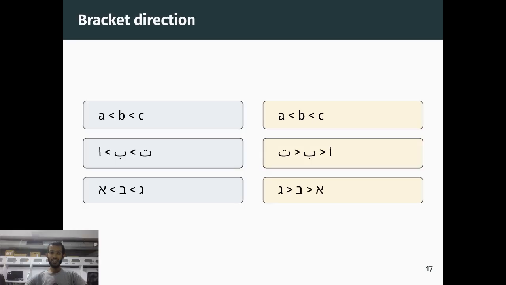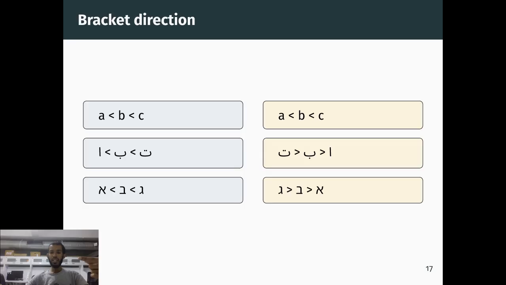Observe that the direction of the angle brackets has also changed, but it's just the appearance. Those characters are really less than, not greater than. If you copy just the less than and greater than part on the right side, the rendered version with the orange background, they will still be less than, but when they are being rendered, it will be displayed as if it's a greater than symbol.